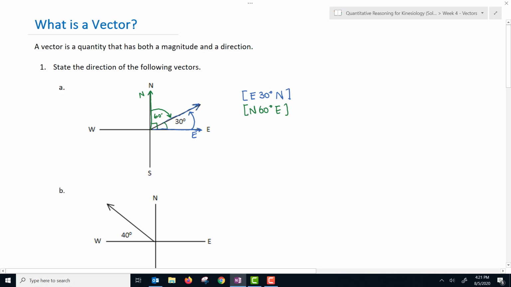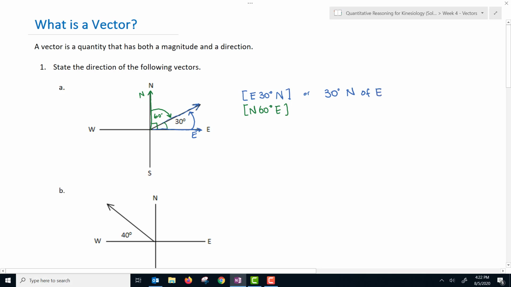The first one is a little bit easier because the 30 degrees is already there for you. So you would say east, 30 degrees towards north, and that's how you would write it out. Now there's also another way you can say the same thing, and I want you to be familiar with all the different ways. So east 30 degrees north is the same as saying 30 degrees north of east.